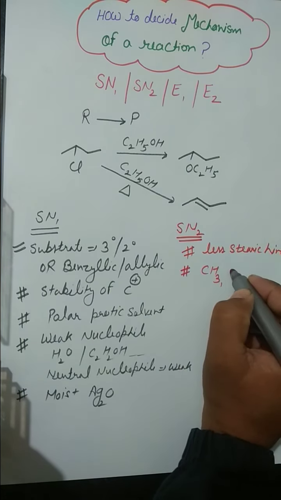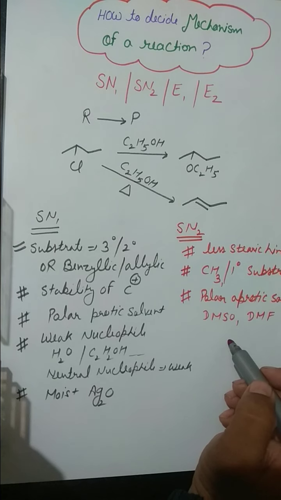And if we are talking about solvent, then polar aprotic solvent, for example DMSO, DMF, this type of solvent also dominates SN2 mechanism, or product would form through SN2 mechanism in these types of solvents.